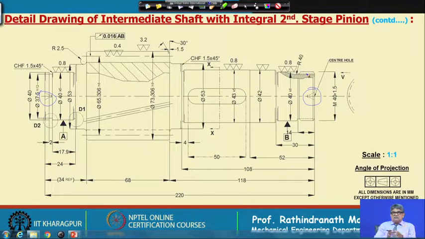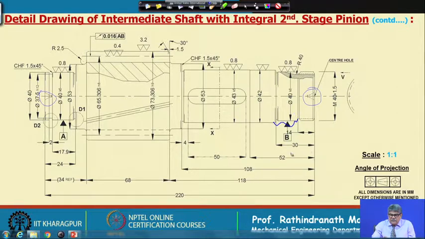Okay. So, maybe totally, including the washer, it will be 10 millimeter maximum, for a shaft of this size. So maybe keeping 14 or even 12 millimeter will be okay, but that washer should touch the bearing, keeping this portion less than the bearing width.